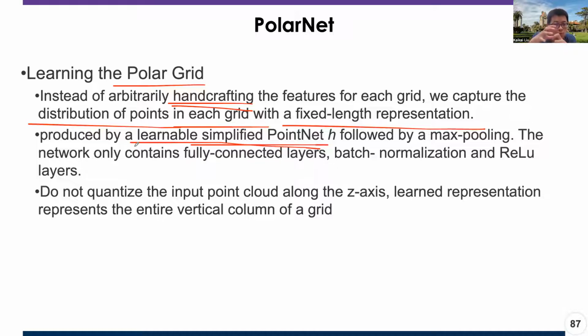This is a small polar grid, so in each small polar grid they use a PointNet to extract a feature, followed by a max pool. The simplified PointNet contains a fully connected layer, batch normalization, and a ReLU layer. They didn't quantize the input cloud along the z-axis, so the learned representation represents the entire vertical column of the grid.